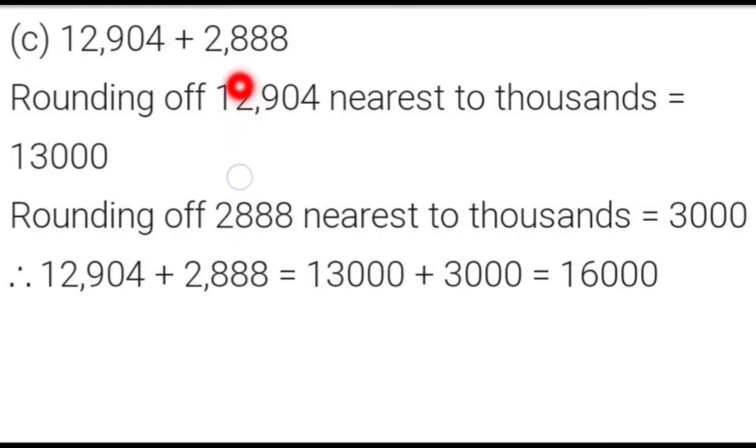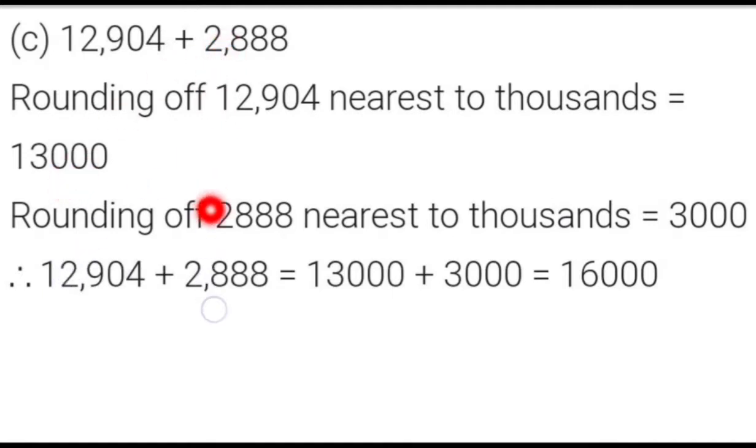So 12,000 will begin, and the limit in the middle will be 12,400. If it had been 12,400, then we would have rounded it off to 12,000. But as it is above 12,500, it is very close to 13,000. So the nearest 1,000 will be 13,000.